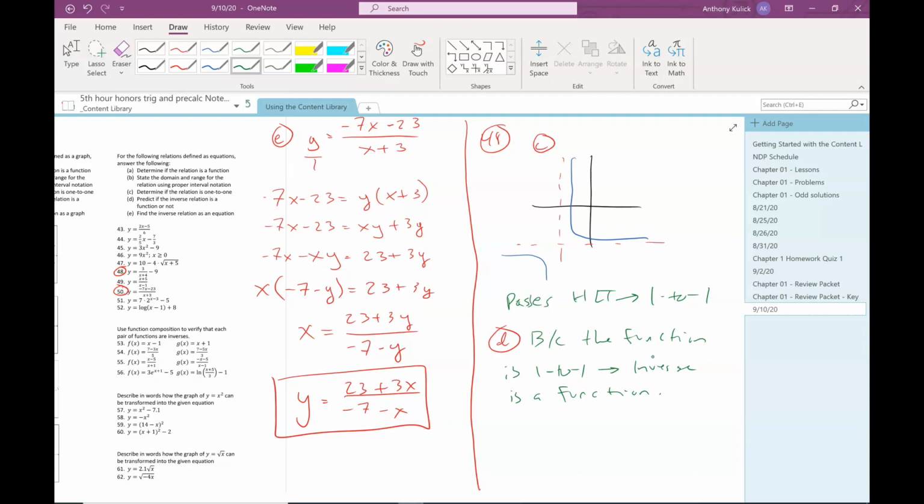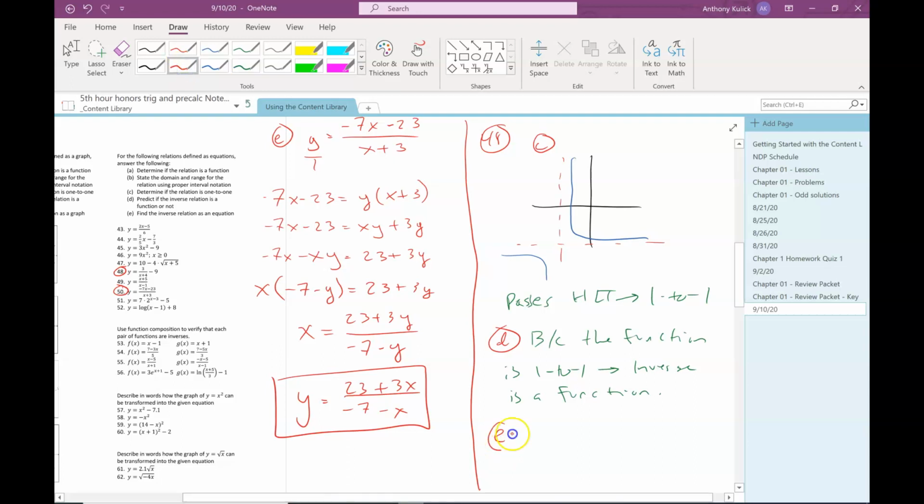So the onto-ness is automatic. You don't really ever have to check that if it's given to you as an equation. You can just assume it's onto. So whenever you have a one-to-one graph, the inverse is a function. Correct. Yes.